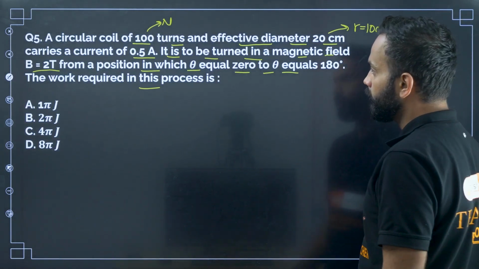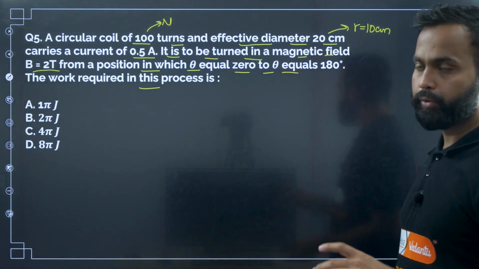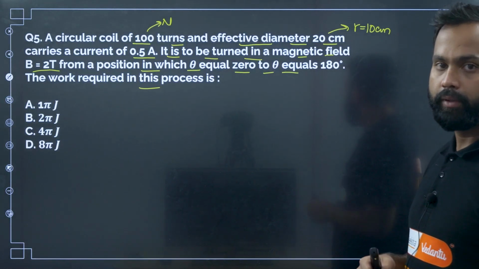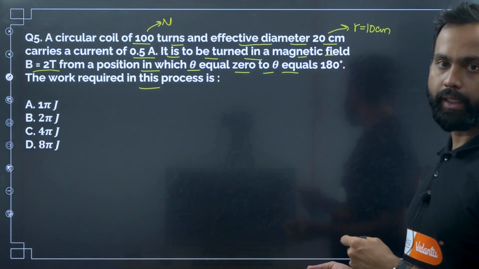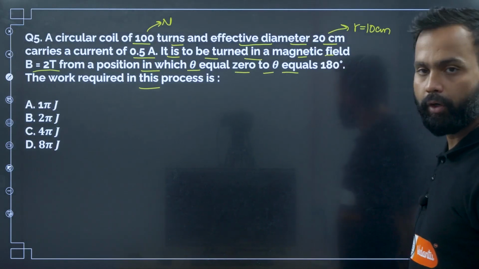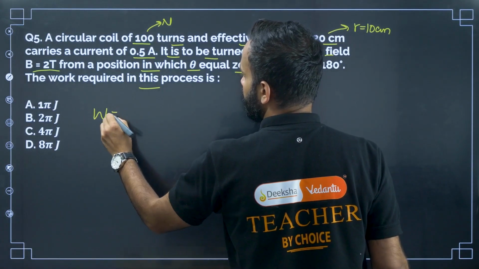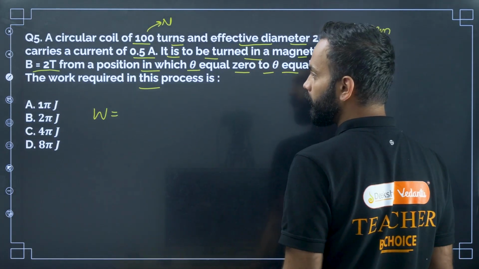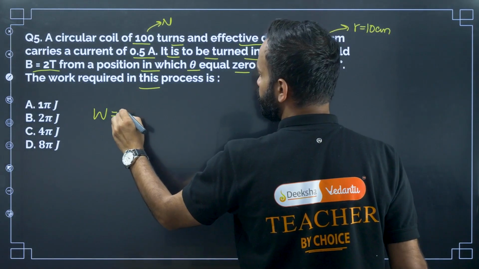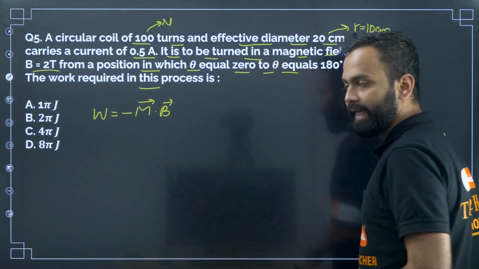So here the circular coil is turned in a magnetic field of 2 Tesla from the position theta equal to 0 degree to theta equal to 180 degree. So how much work is required to turn the circular coil, right? The work required to turn the coil, W is equal to minus M dot B. What is M vector?